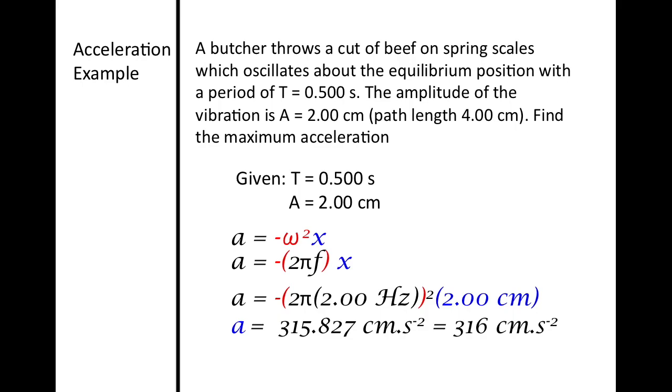Well, this object oscillates in one full cycle every half second, so we know that in 1 second, it's twice that much. So we just plug everything in. We have 2 pi times 2 hertz, all squared, times the amplitude, which is 2.00 centimeters, giving us an answer of 316 centimeters per second squared for the acceleration.